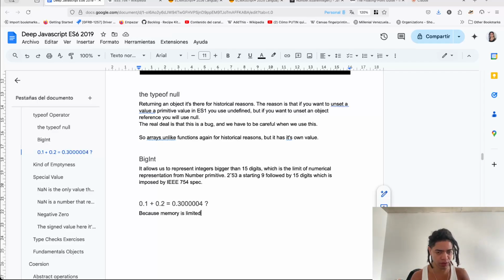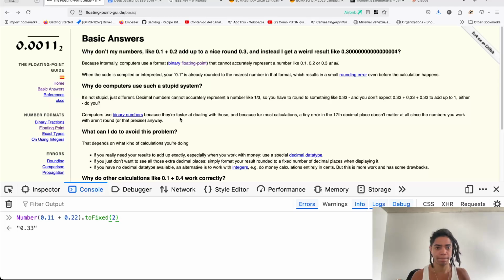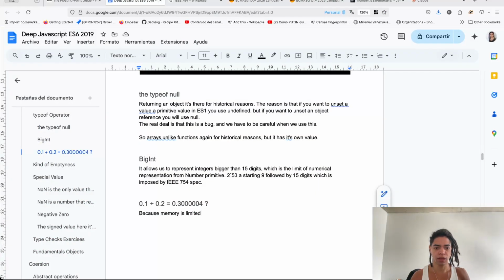Even though you have a huge amount of resources, because memory is limited, representing 0.3 in decimal is not precise.